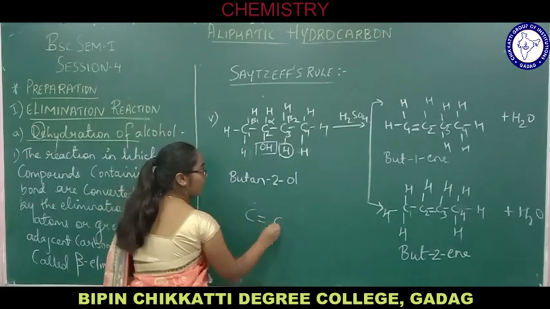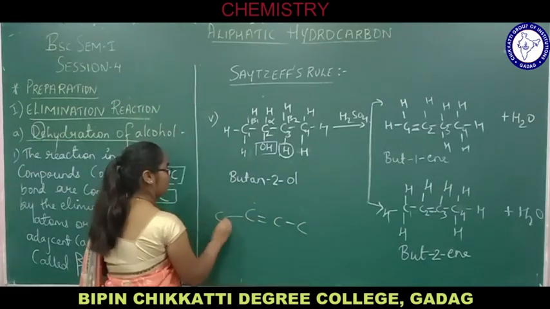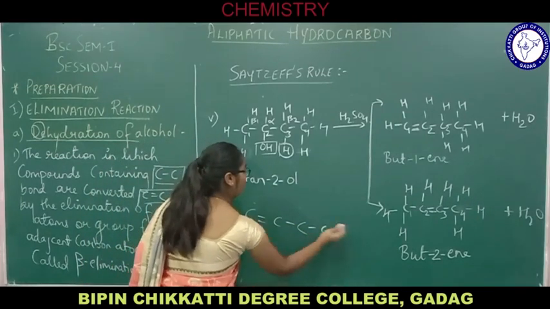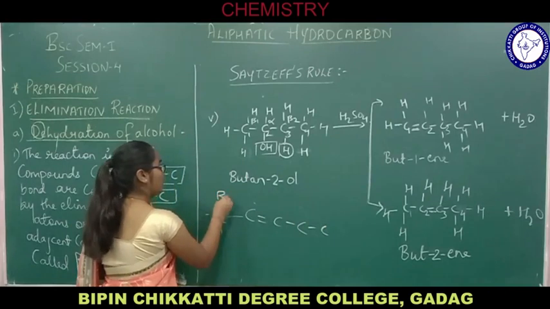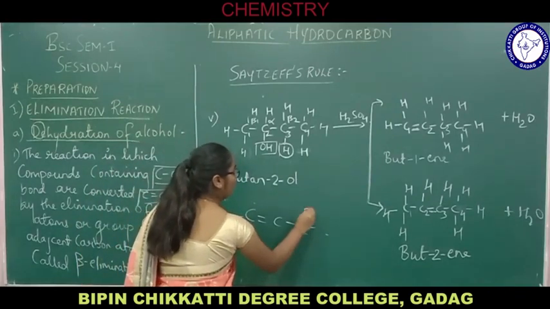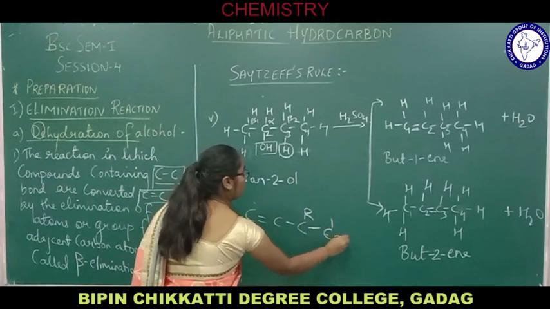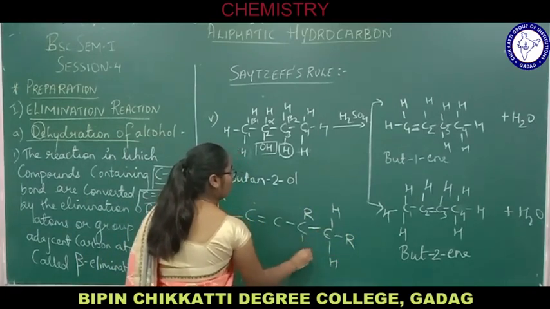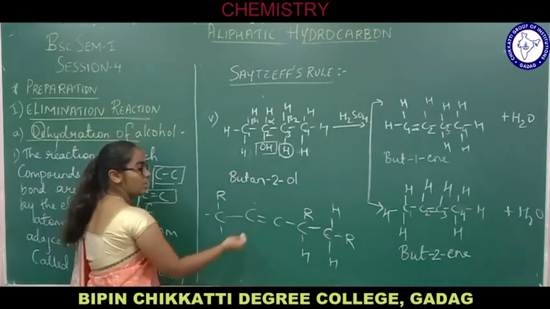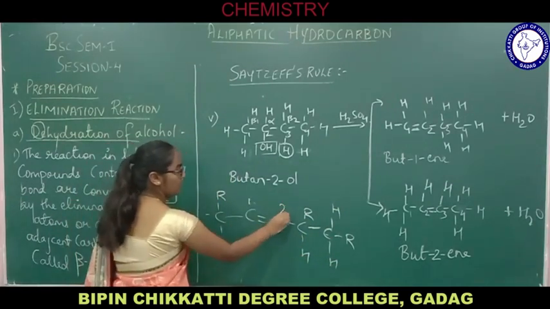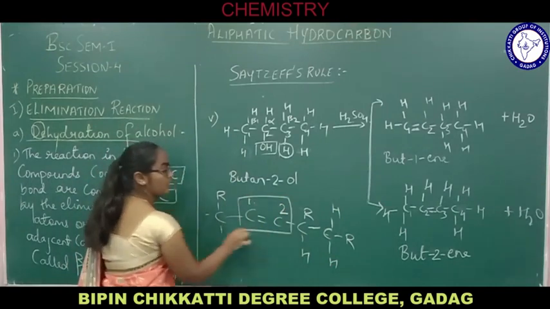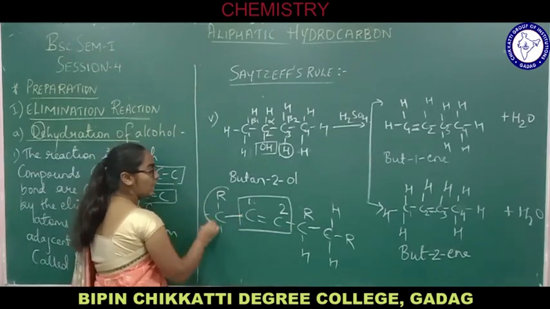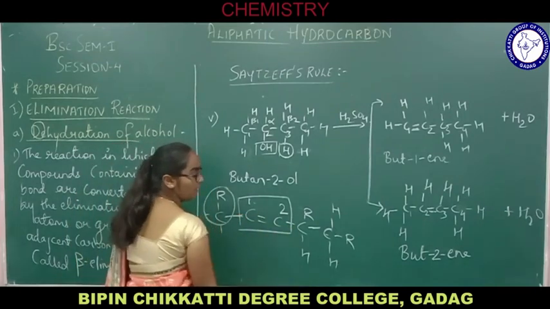So if this is the compound with one alkyl group, and here two alkyl groups are present. Suppose this is carbon number 1 and carbon number 2 across the carbon-carbon double bond. Near carbon number 1 there is one alkyl group. Near carbon number 2, how many alkyl groups are there?